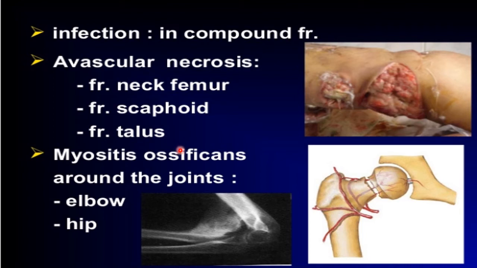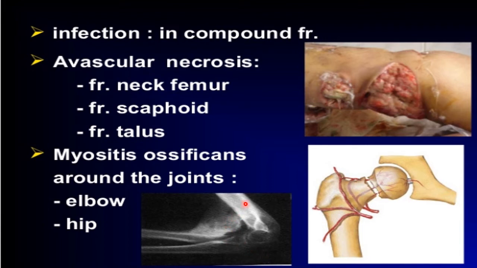Then another local complication is myositis ossificans around joints. This is especially noticeable in case of the elbow, but may also be seen around the hip. Here you see the elbow, and there is extra bone deposition inside the muscle surrounding the elbow joint.